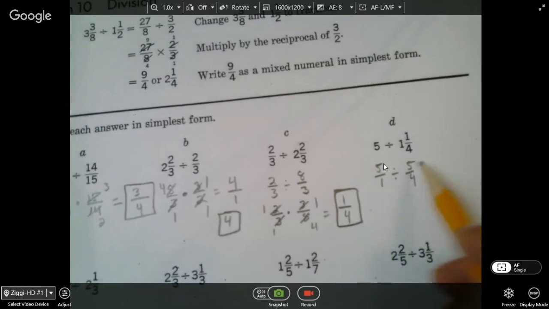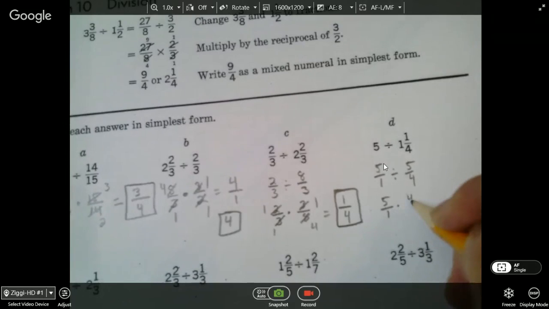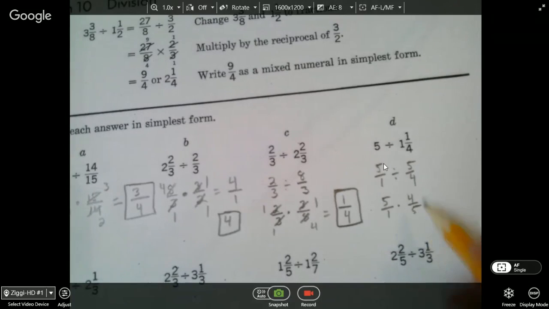Now that I have both fractions, let's change it to a multiplication problem. So this is 5 over 1 times 4 over 5. Notice here 5 over 5, that'll simplify, right? So 5 divided by 5 is 1, 5 divided by 5 is 1, 1 times 4 is 4, 1 times 1 is 1, and then I have here 4 divided by 1 is 4.